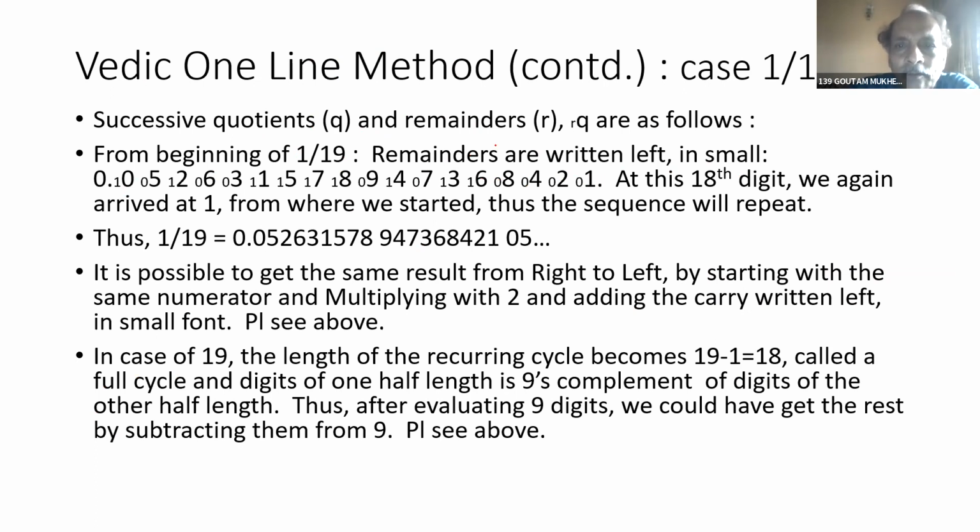So 1 multiplied by 2 is 2. 2 multiplied by 2, 4. 4 multiplied by 2, 8. 8 multiplied by 2 is 16. 6 I write, and 1 is carry. 6 becomes 12 plus 1, 13. 3 and 1 carry. 3 into 2, 6 plus 1, 7. 7 into 2, 14, right? 4 into 2 plus 1, 9. Like this way it goes. So therefore 1 by 19 is this one.